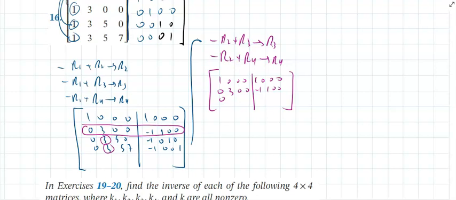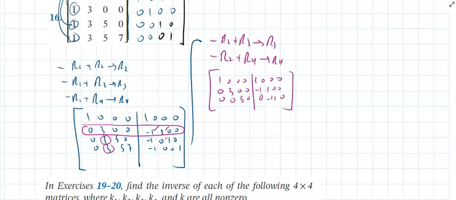That's going to be 0. Negative 3 plus 3 is 0. The 5 remains. Now, negative 1 plus 1 is 0. Negative 1 plus 0 is negative 1, 1, 0.